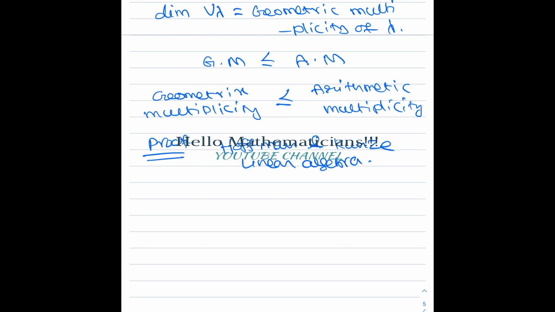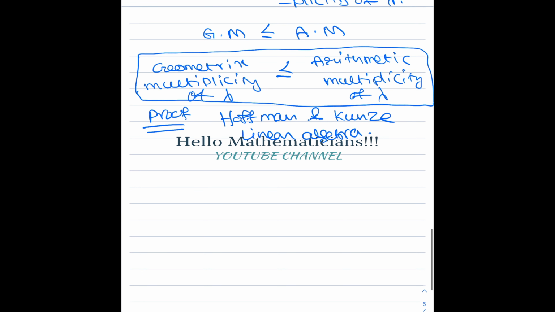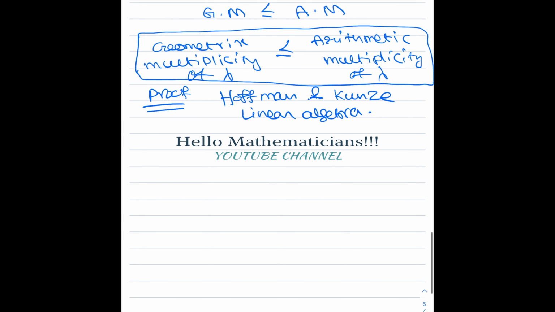When you refer to this book, you will see some more good results also. So do refer to this book. So we have the geometric multiplicity of lambda less than or equal to the algebraic multiplicity of lambda. This is the first result that we are going to use.